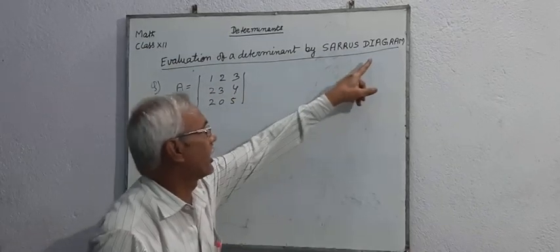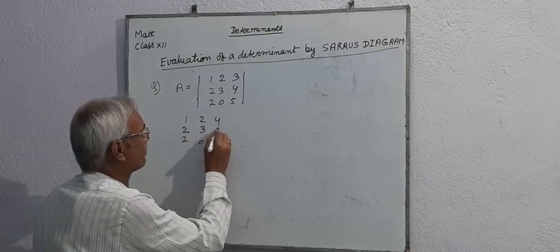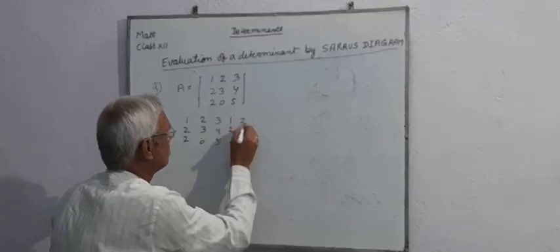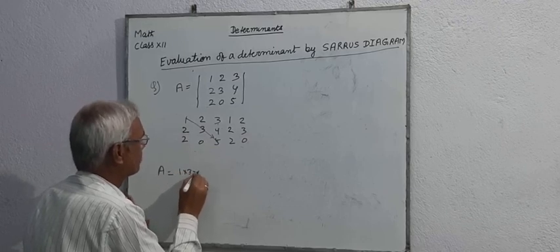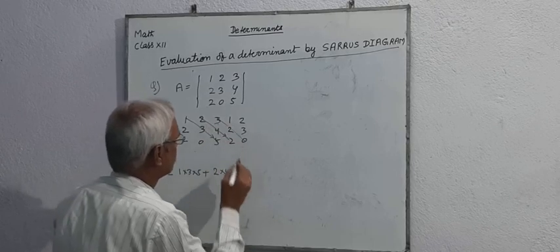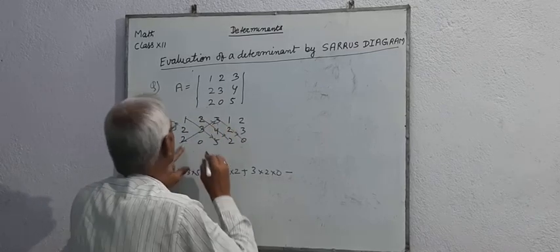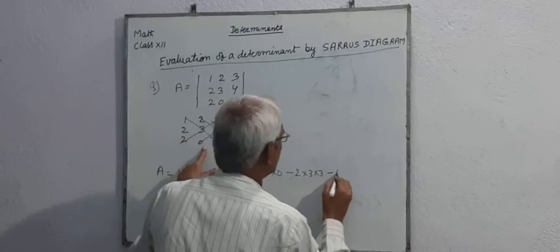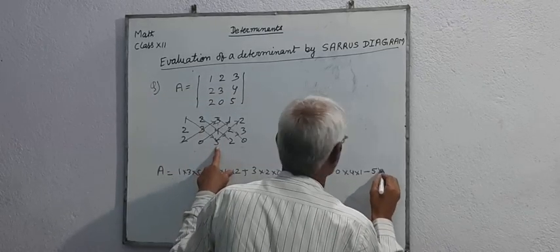Solving this determinant by Sarrus' diagram, first of all we write it with the first two columns repeated. A equals first diagonal 1 into 3 into 5, plus second diagonal 2 into 4 into 2, plus third diagonal 3 into 2 into 0, minus bottom first diagonal 2 into 3 into 3, minus bottom second diagonal 0 into 4 into 1, minus bottom third diagonal 5 into 2 into 2.